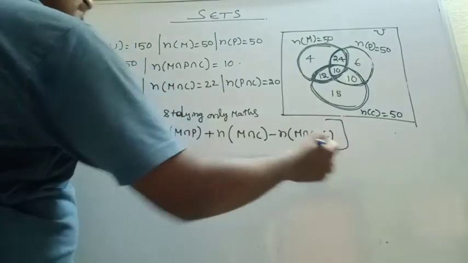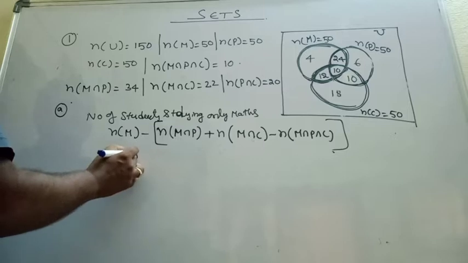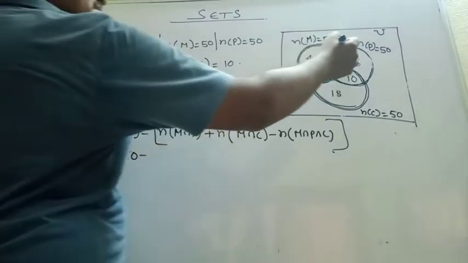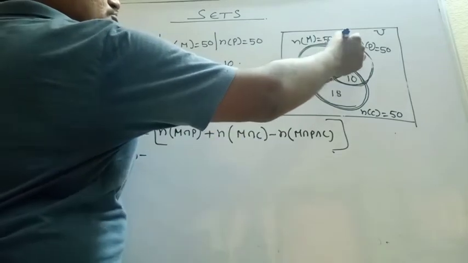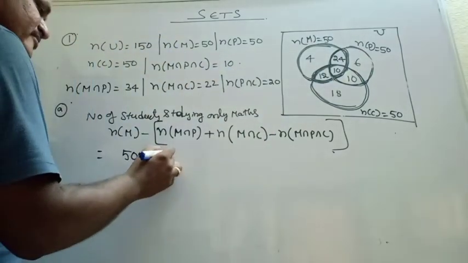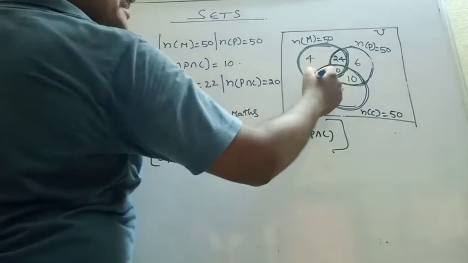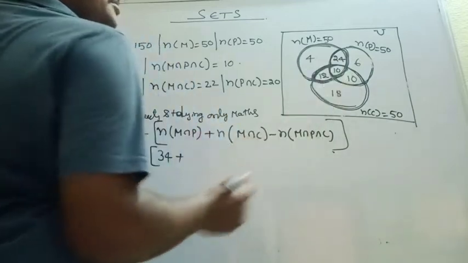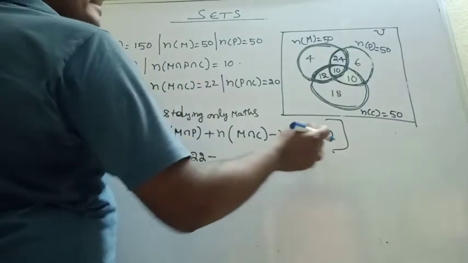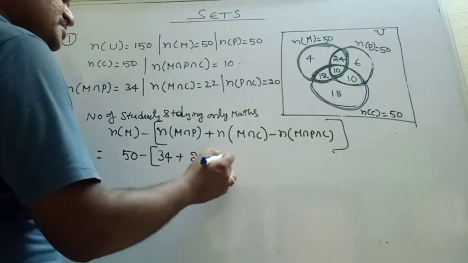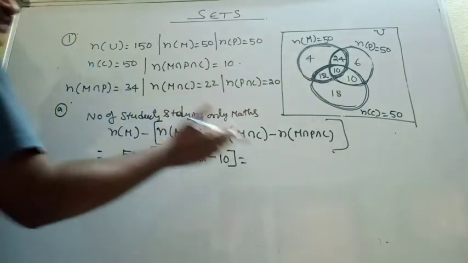The total n of m is 50, minus n of m intersection p, which is 24 plus 10, that is 34, plus n of m intersection c. M intersection c is 12 plus 10, 22, minus m intersection p intersection c, that is 10. Otherwise, from the Venn diagram you will get it directly, no need to write these steps.